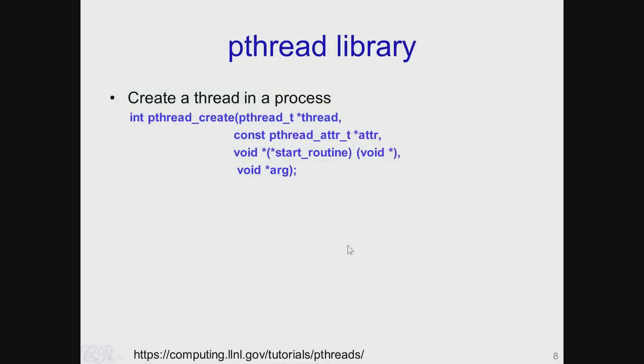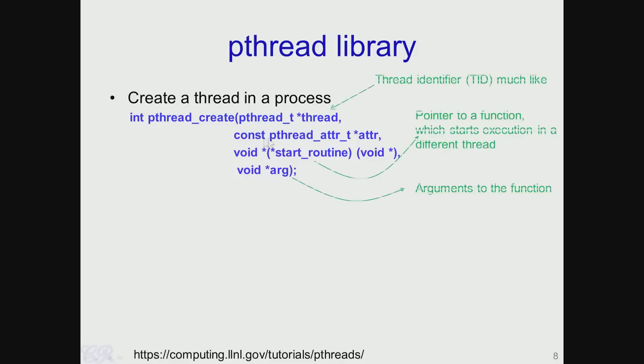So, let us see how we could create a thread in a process. In the pthread library, a thread is created by using the function pthread_create, which takes 4 arguments, as shown here. The first argument, which is a pointer to pthread_t, is the thread identifier or TID.